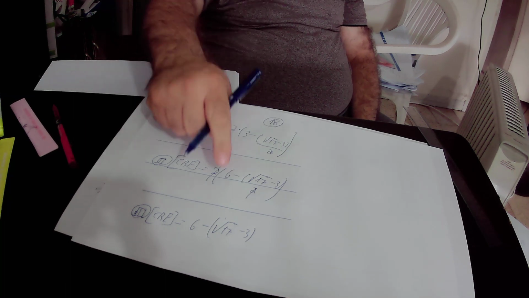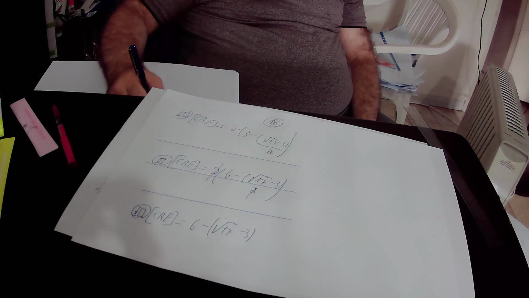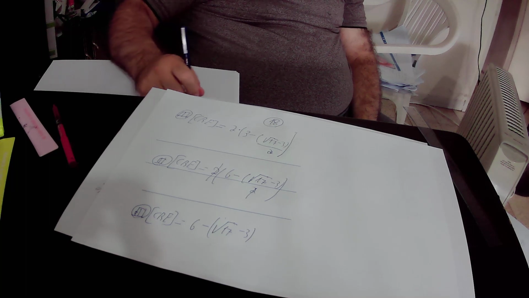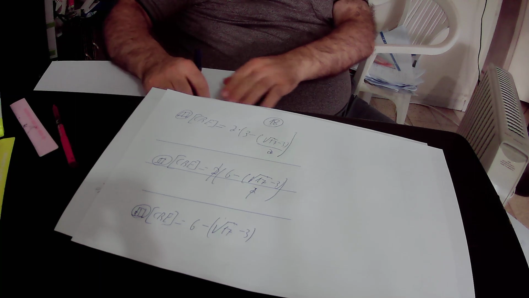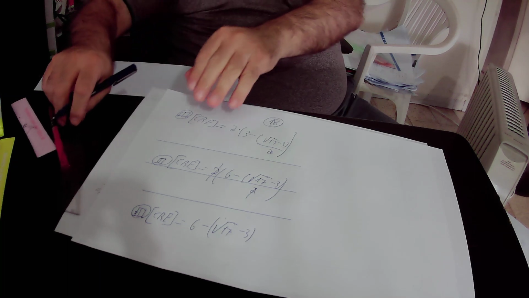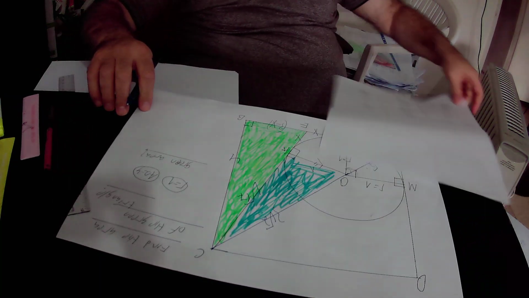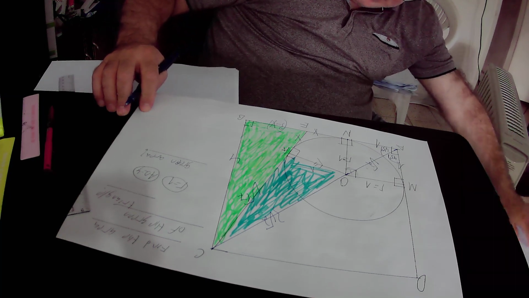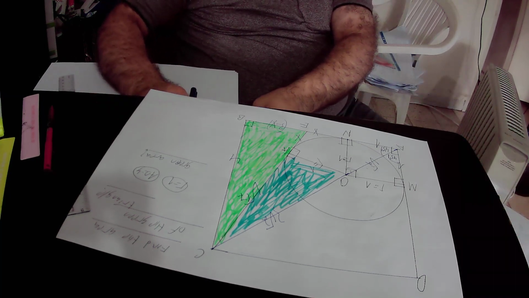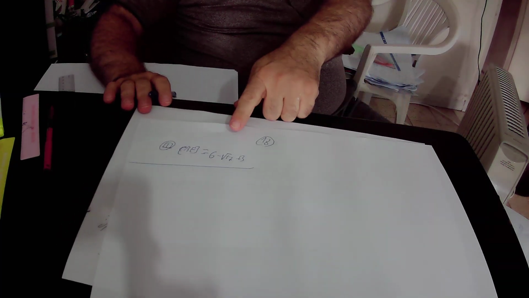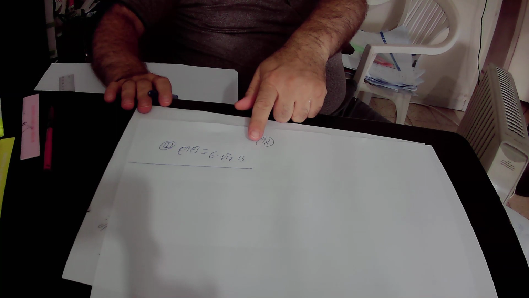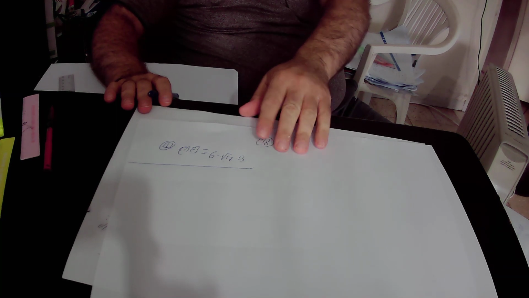So here we have minus 3 is plus 3. So in conclusion, we found out that the area of the green right triangle CBE, according to equation number 3, is equal to 6 minus square root of 17 plus 3. 6 plus 3 is 9.